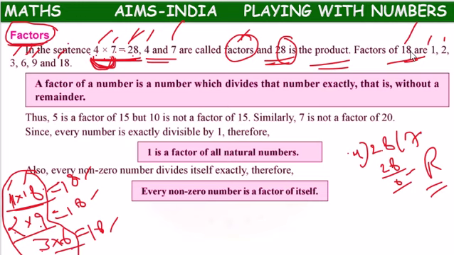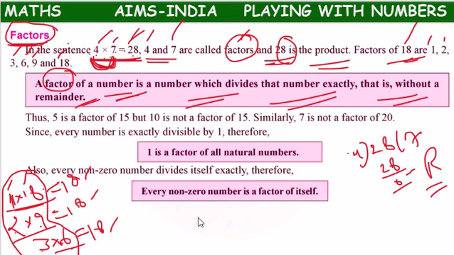Means 18 can be divisible by any of these 6 numbers exactly, with the remainder 0. So a factor of a number is the number which divides the number exactly, without remainder, or with remainder 0. That is called a factor.